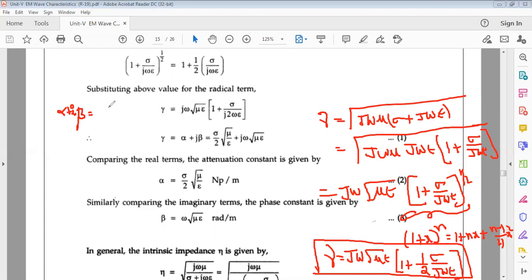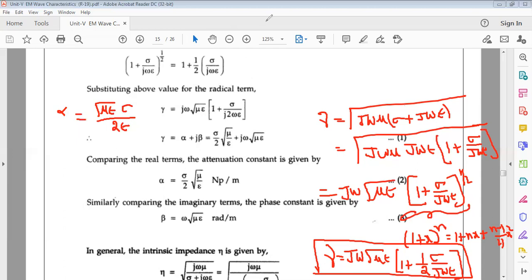We'll get alpha is equal to under root of mu epsilon, j omega gets cancelled, sigma is in the numerator, and in the denominator we have 2 epsilon. Okay, this is for alpha only.